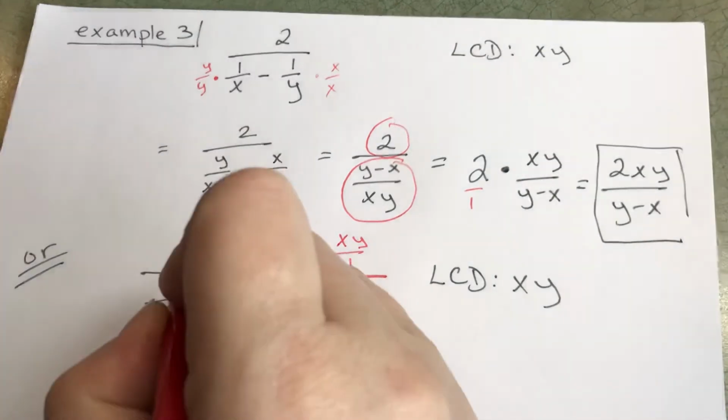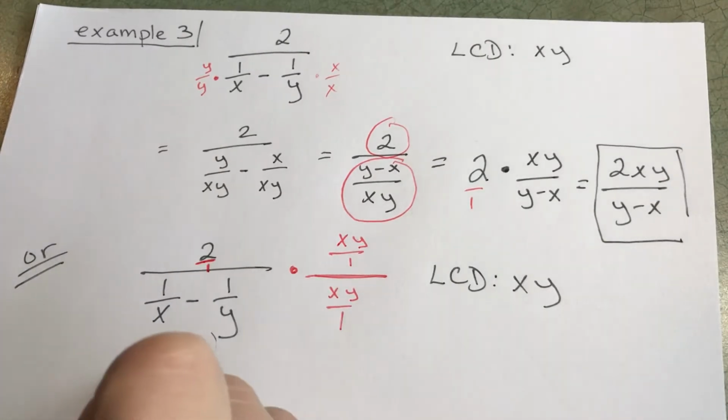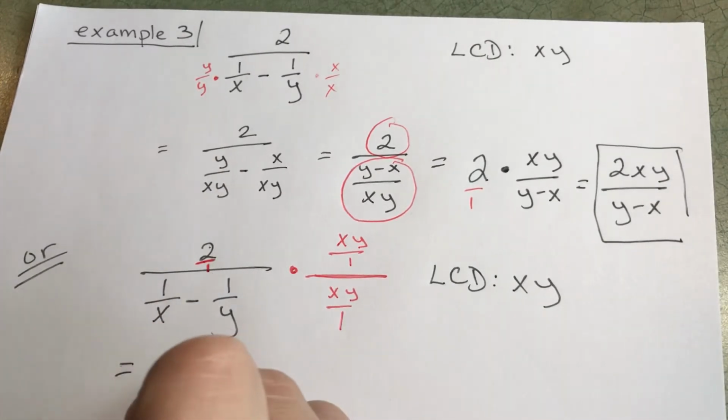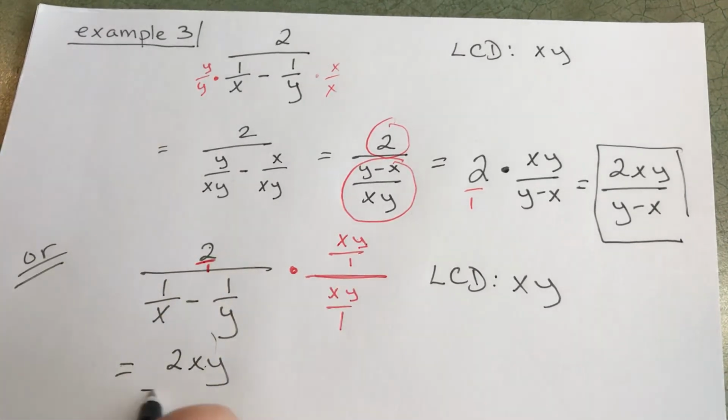And if we think of this again as 2 over 1, now in the numerator I have 2xy over 1, which is just 2xy.